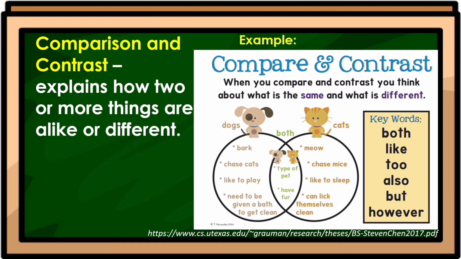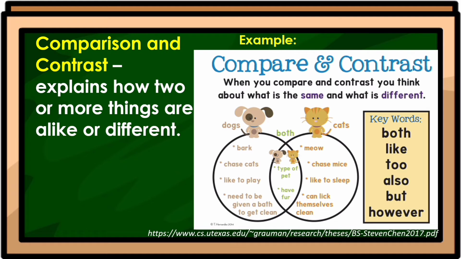Alright, so we have here on the left circle the characteristics of the dog. On the right circle, the characteristics of the cats. So we use compare and contrast here. Alright, so as you can see on the left circle, the characteristics of the dogs: they can bark, they can chase cats, they like to play, the dogs need to be given a bath, get clean.